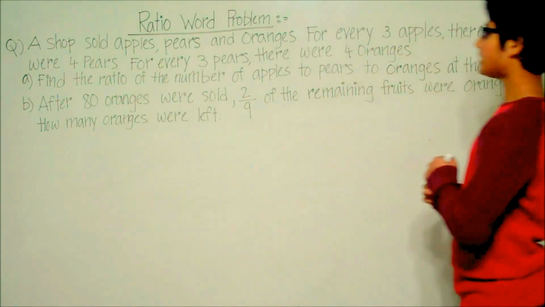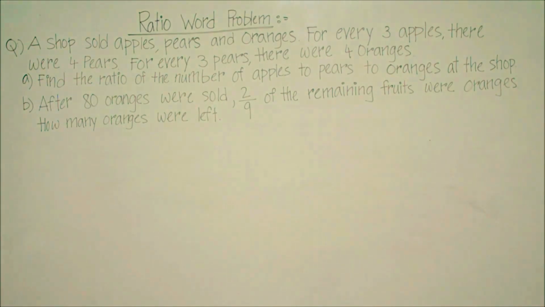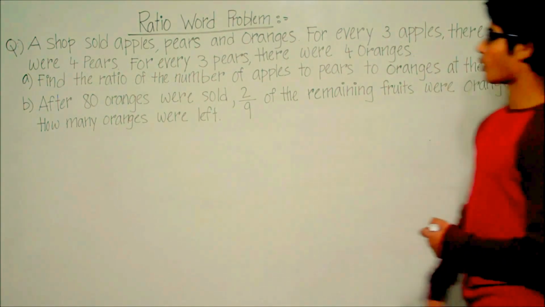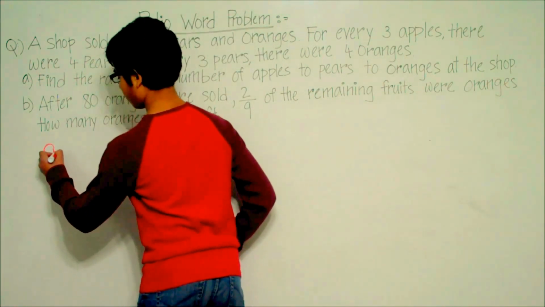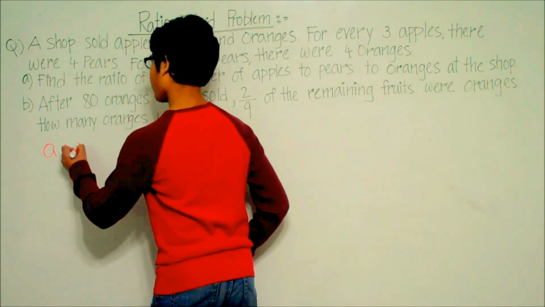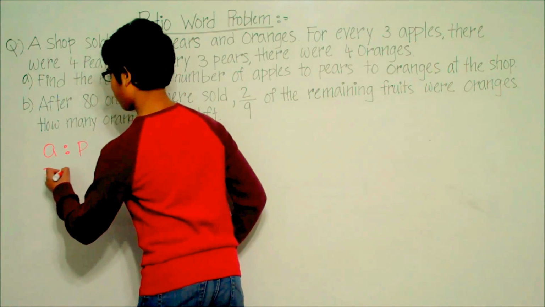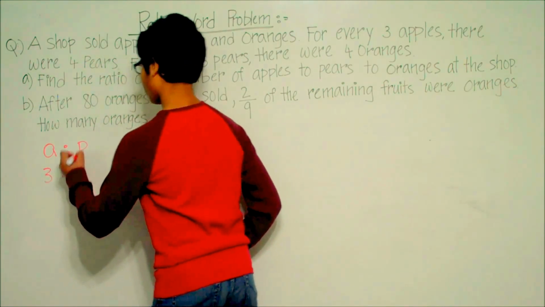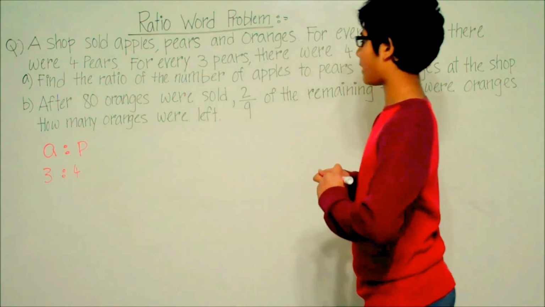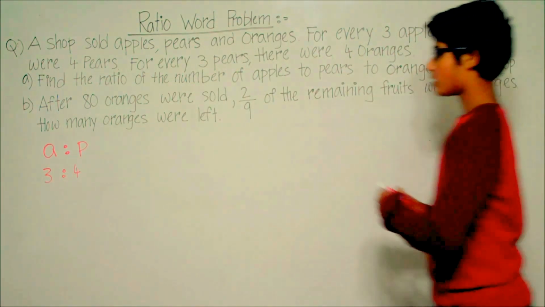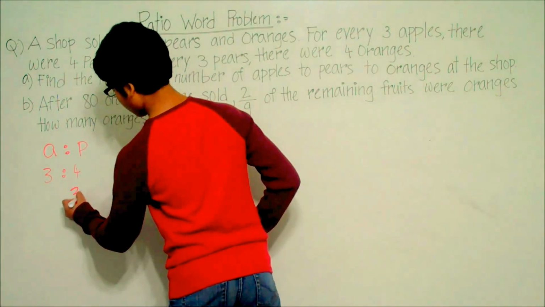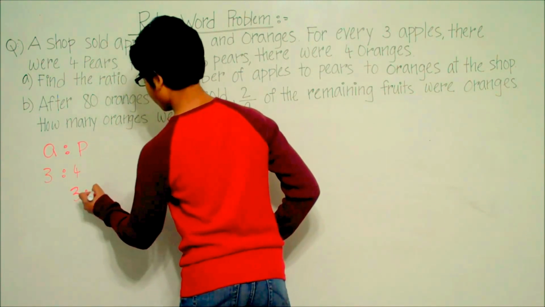Now, the problem states that for every 3 apples, there were 4 pears. So let's write this as a ratio. The ratio of apples to pears is 3 to 4. And we know that for every 3 pears, there were 4 oranges.